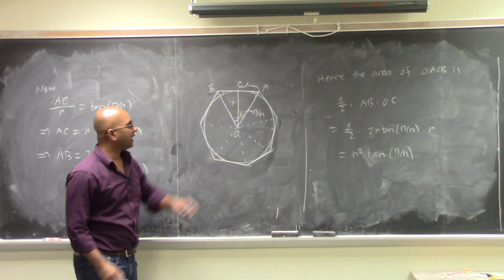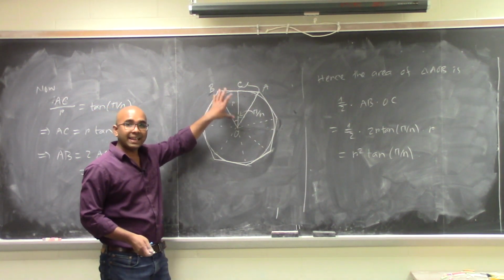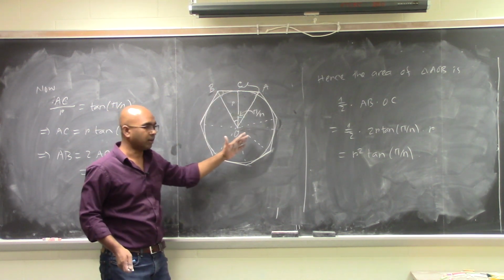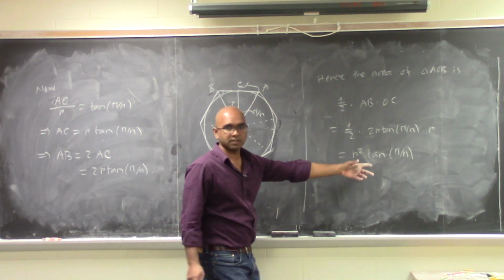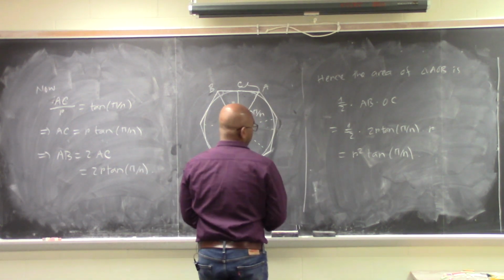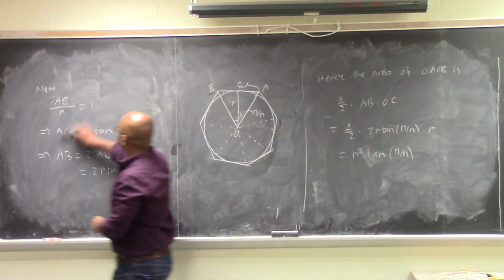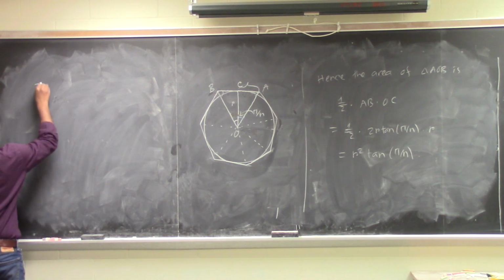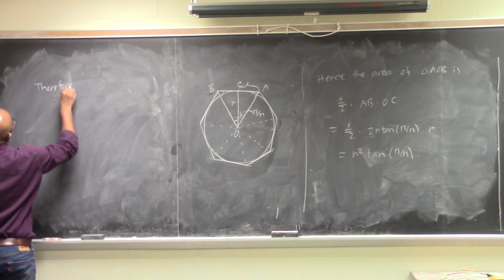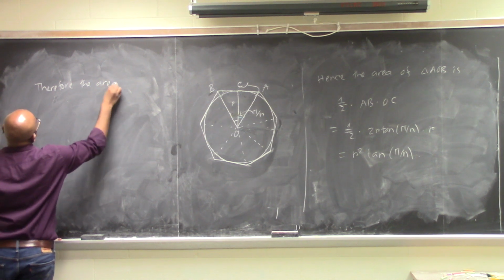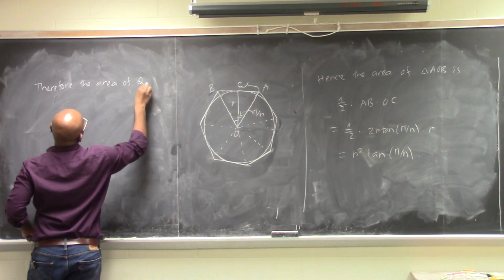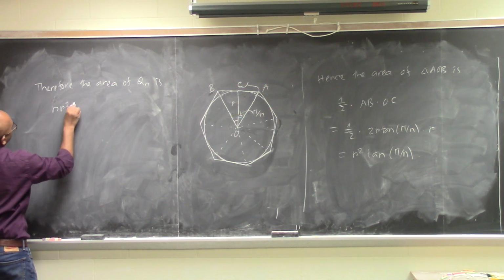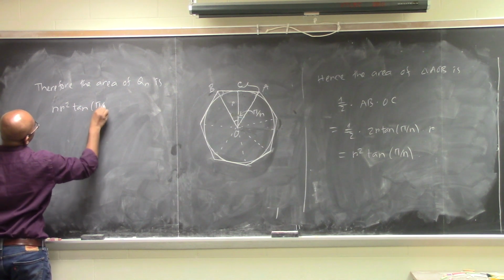Okay, so that's the area of one of the n triangles, and therefore the area of this circumscribed polygon is n times this. Okay, and therefore the area of Qn is n times R squared tan pi over n.